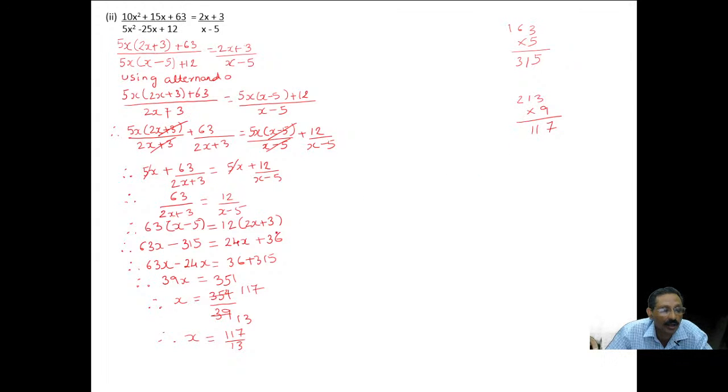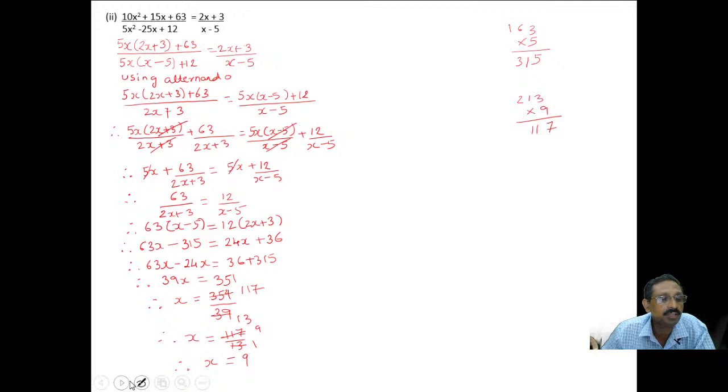I can still reduce it further. 13 ones are 13, 13 nines are 117. Therefore, x is equal to 9 upon 1, which is written as 9. So I got the value of x is equal to 9.